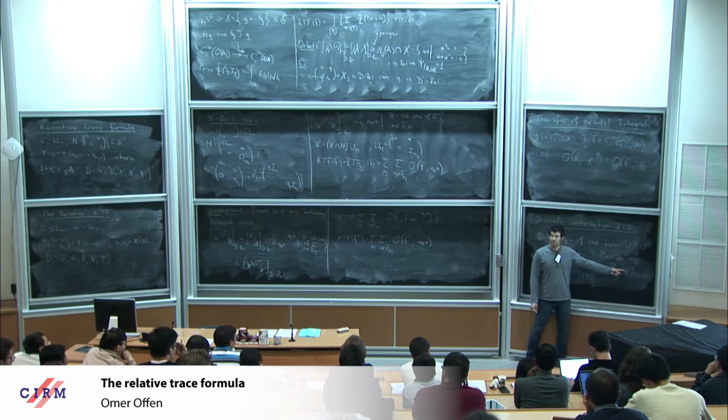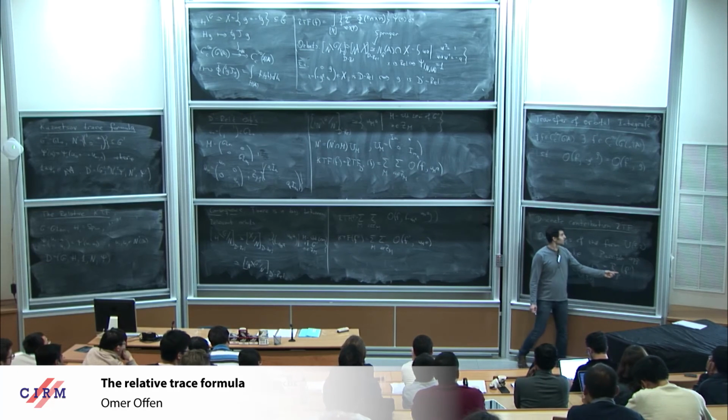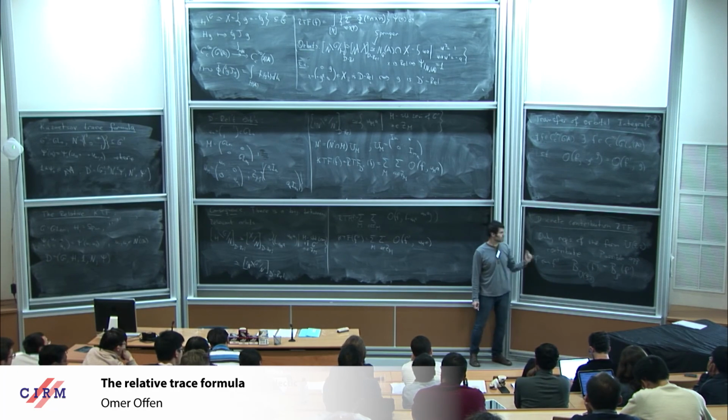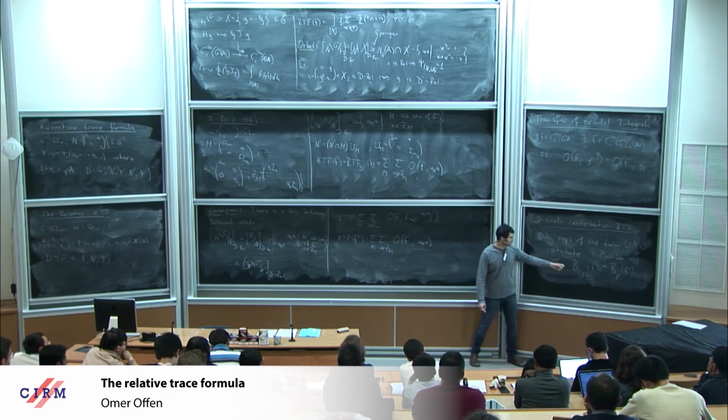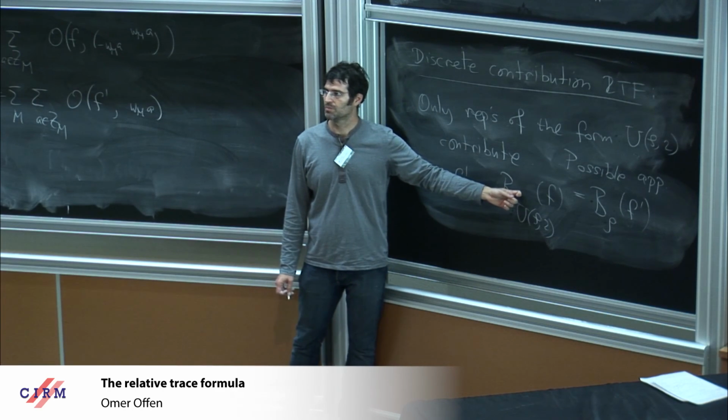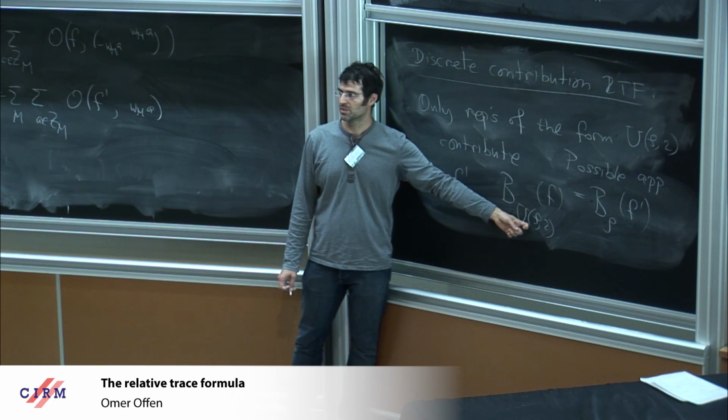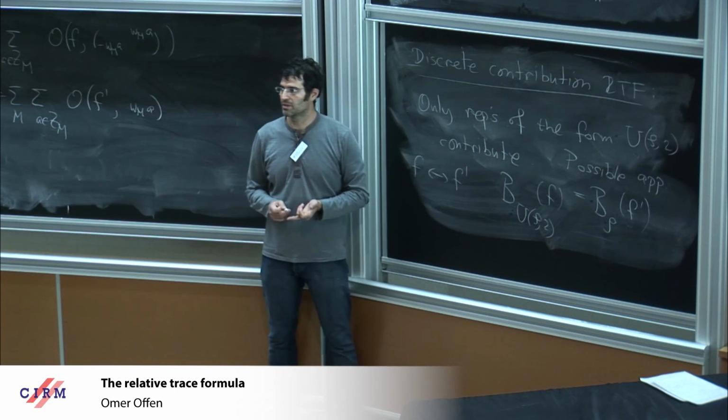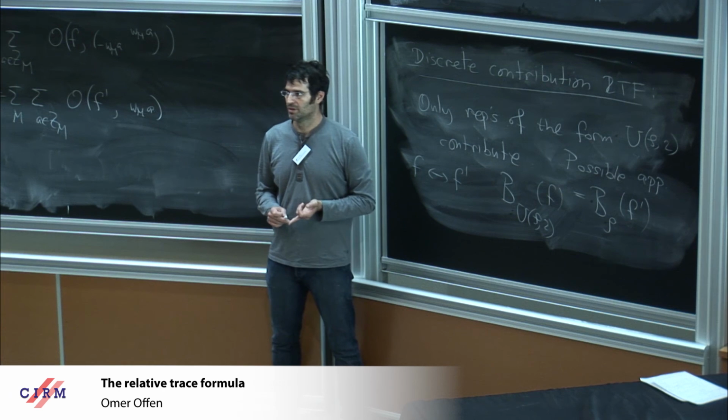So we can take a test function f prime, for which this is not zero. If we had the matching in the other direction, we can take f that matches and deduce that this distribution is not zero. But this means that U rho 2 is distinguished by the symplectic group. So we basically use the relative trace formula to recover the result of Jacquet-Rallis that we have seen in the previous lecture.